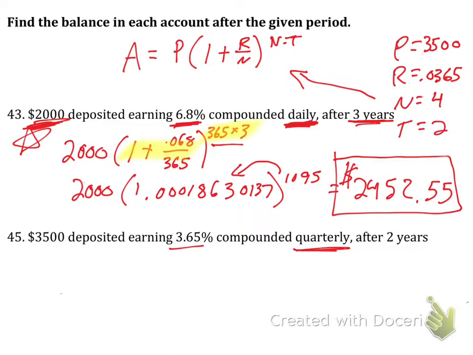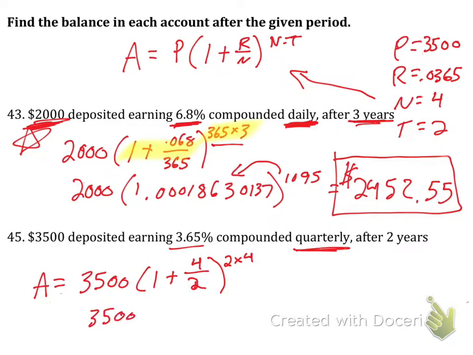So if I write that, it's going to be A is equal to my initial deposit of $3,500 times 1 plus R, which is 4, over N, which is 2, and then N times T, which is 2 times 4. So you could simplify this really easily: 3,500, and then 4 divided by 2 is 2, right?